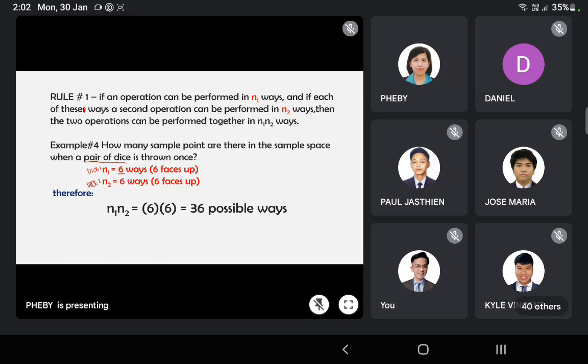For dice number 2, also 6 ways, same as dice number 1. Therefore, n1 multiplied by n2 equals 36 possible ways.